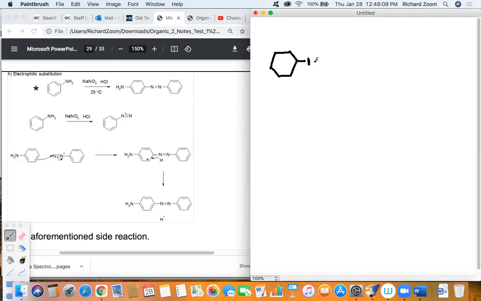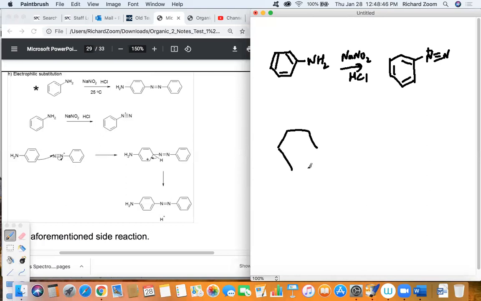So you can see that we have aniline, just standard garden variety aniline here. When we add the NaNO2 and the HCl to it, we do get the diazonium salt. But because it's at higher temperature, this diazonium salt can actually react with some of the unreacted aniline.